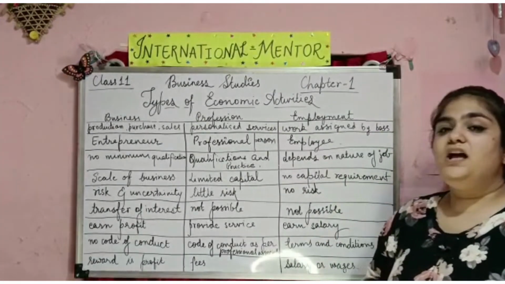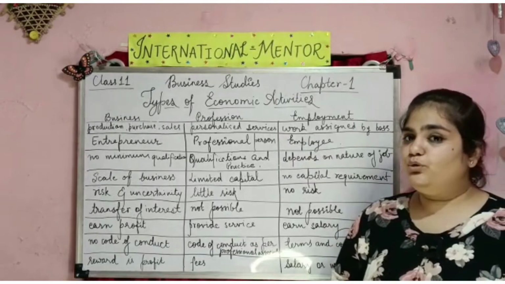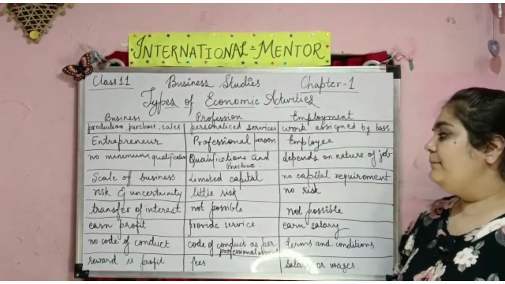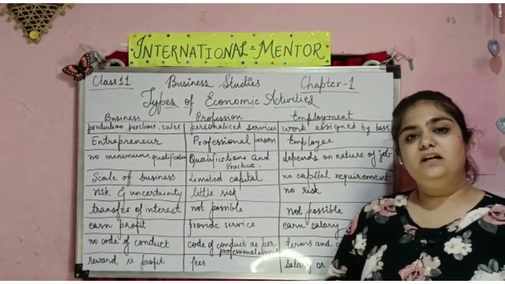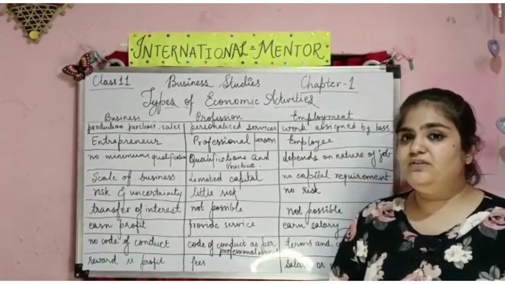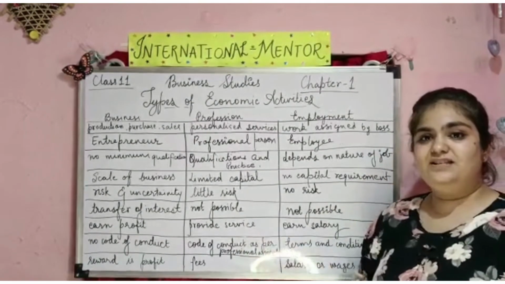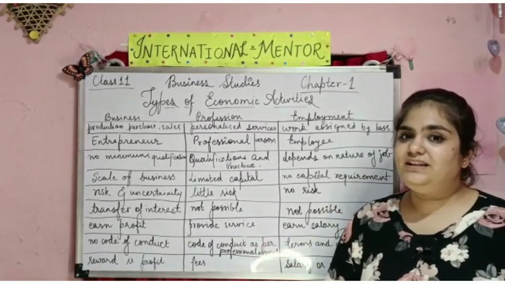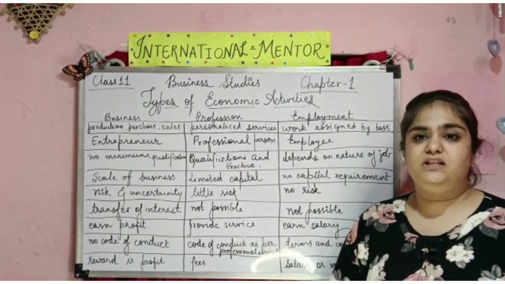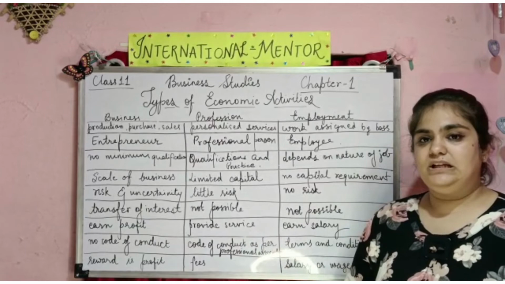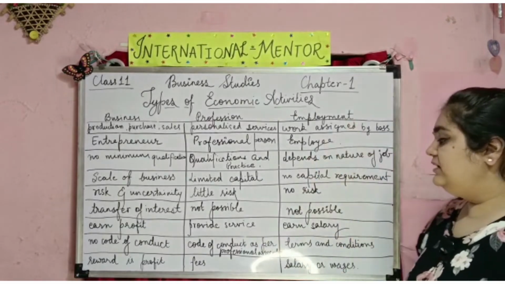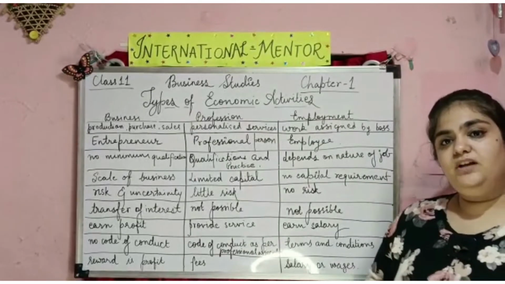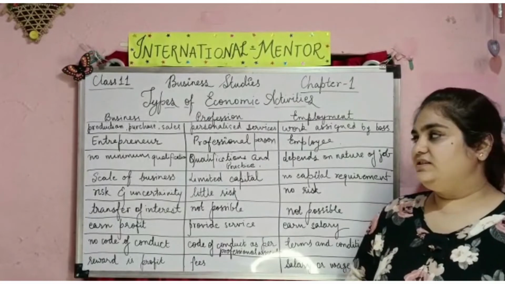In business, it is done for the motive to earn profit, but in profession, it is done for the motive to provide services, in fact quality services or good services, to satisfy the customer needs. In employment, it is done for the motive to earn salary or wages.